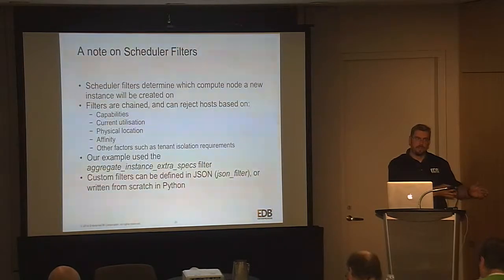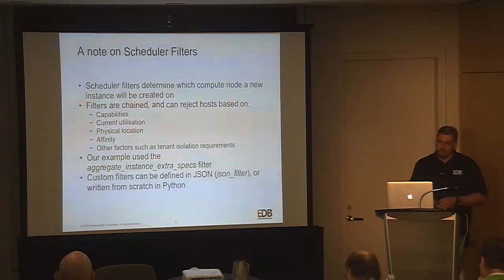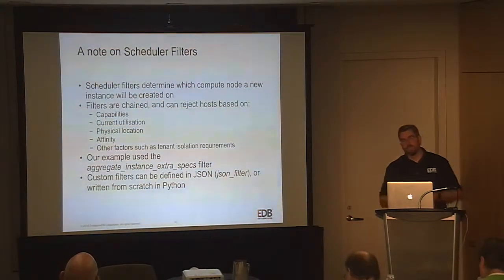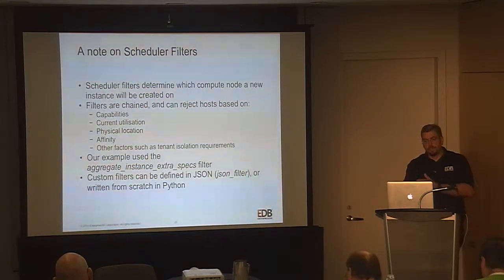So you can set up affinity between the machine flavors and arbitrary hosts. Also things like tenant isolation. If you're providing services for a group of companies, for example, one of those group companies may have data security requirements they've got to meet. For example, they're processing medical data. So you can set up tenant isolation so that specific tenants will only run on specific compute nodes.